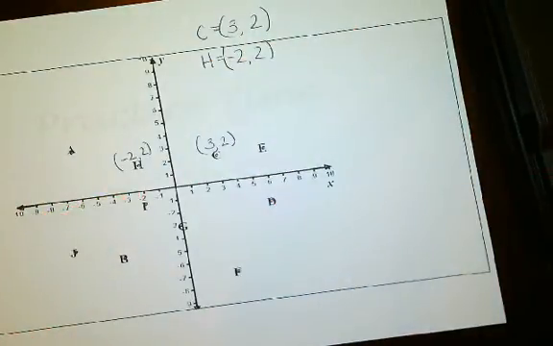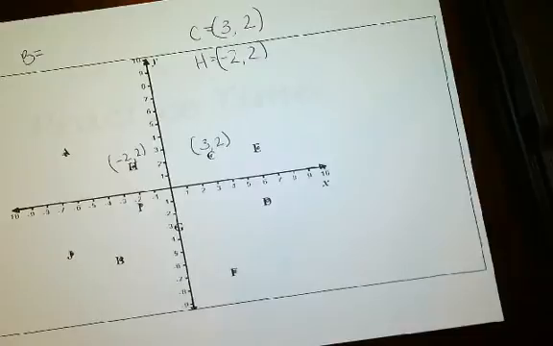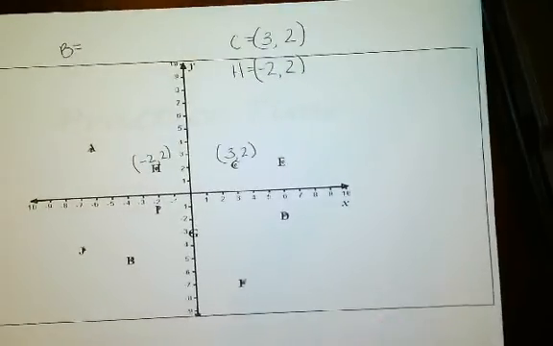Now I want you to turn to your elbow partner, and I'm going to give you 10 seconds to figure out where point B is located. So we're trying to figure out point B. I'm going to give you 10 seconds, and go. Alright, your 10 seconds is up.